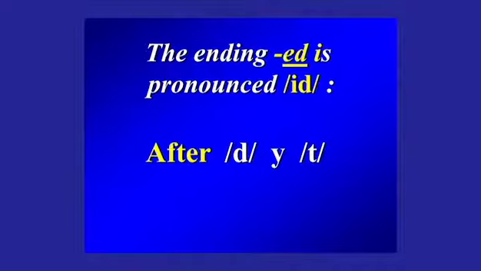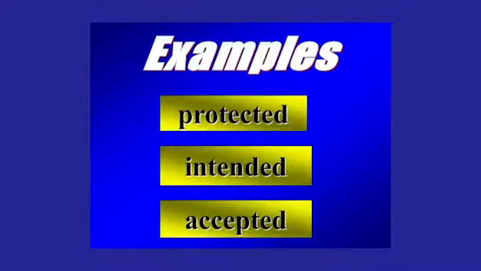So after D or T, we pronounce id, as in the examples that we have here. Protected, intended, accepted. Is that okay with you?